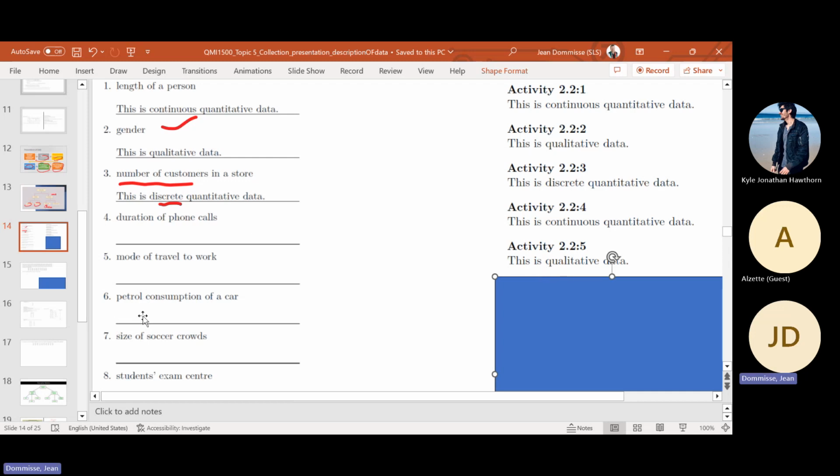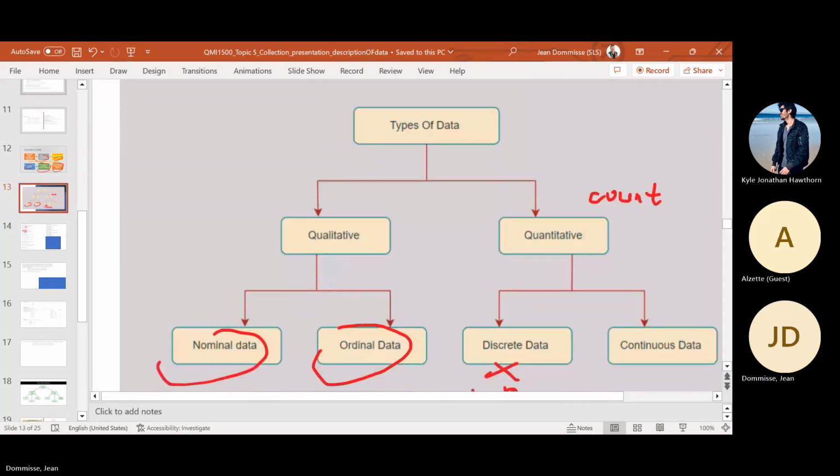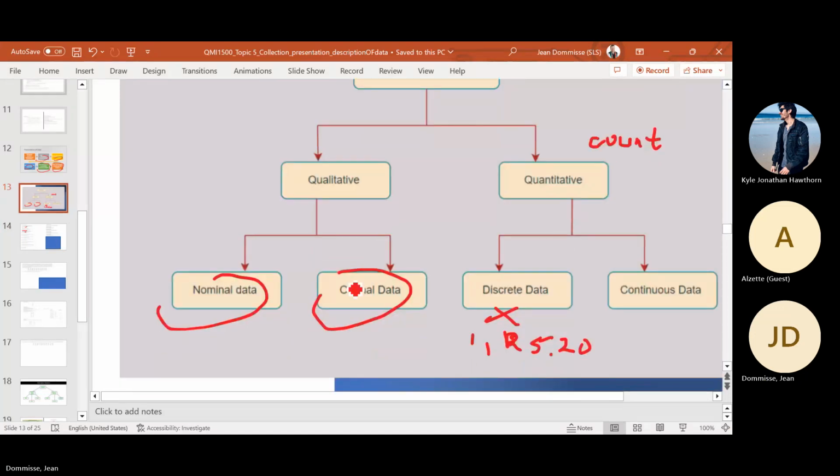Petrol consumption of a car. That's an interesting one. Can you show the topic of, I forgot what the headings are, the one with how much and how many? Oh, okay. So quantitative, discrete, continuous. Thanks.